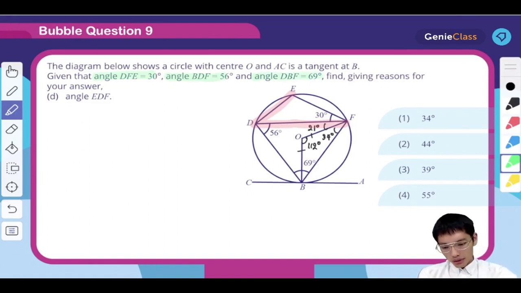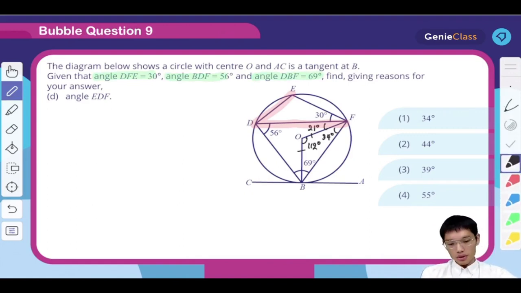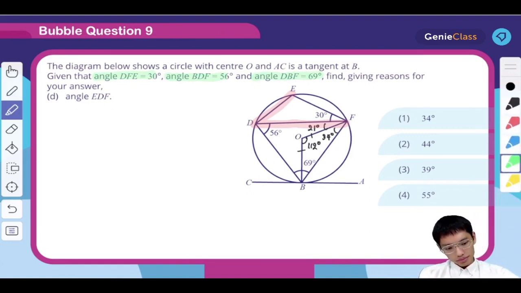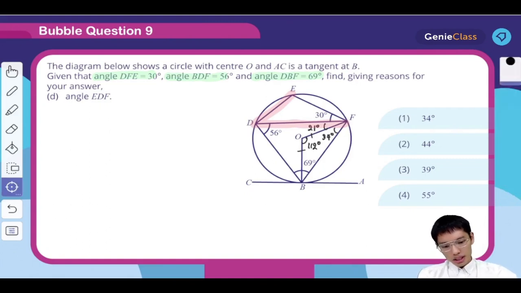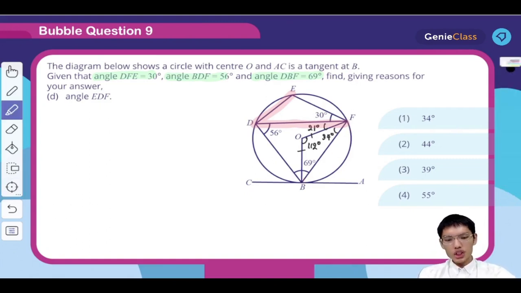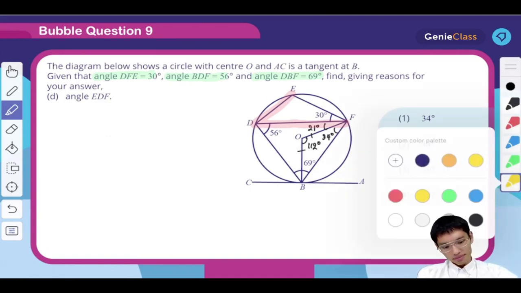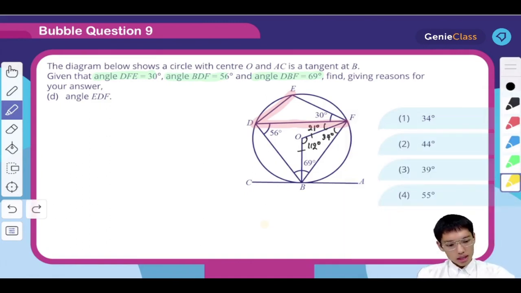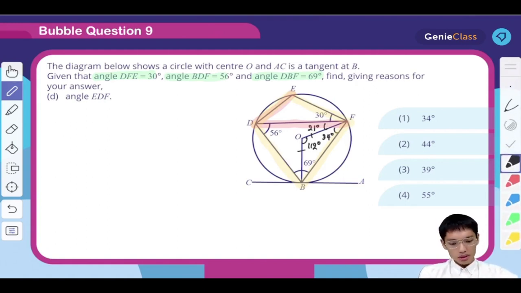Okay, now what can I do further from here? Let's try to see what I can have. So, let's zoom out. This triangle over here, nothing much. Everything is solved. What is the biggest shape I can get from here? You realize I still have my quadrilateral, and this one has a special name, cyclic quadrilateral. Very important. And let's see. Oh, you realize EDF consists of this angle and this angle.